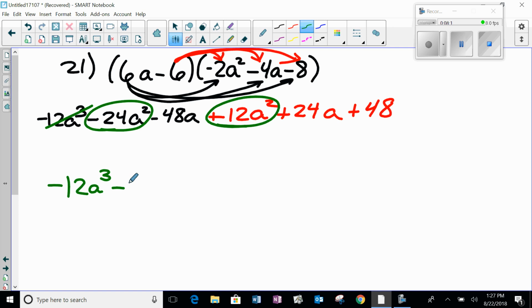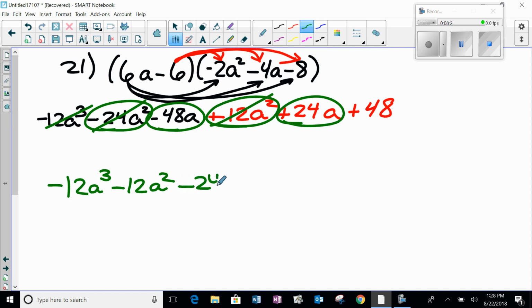So that gives me minus 12a squared. I'm going to cross them out because I know I've used them. Now I'm looking for my a term. I have a negative 48a and a positive 24a. So I'm left with negative 24a. I'm going to cross them out because I know I've used them. And I'm going to bring down my 48.